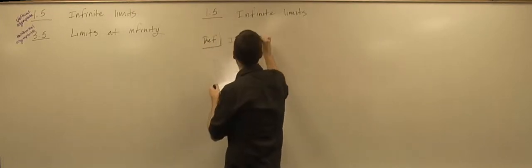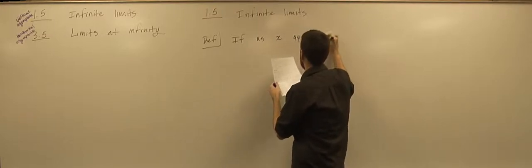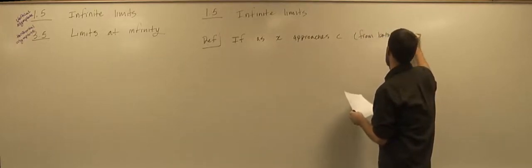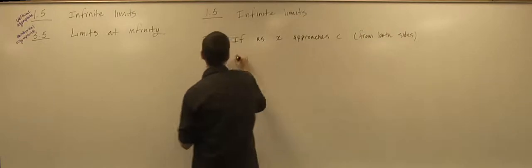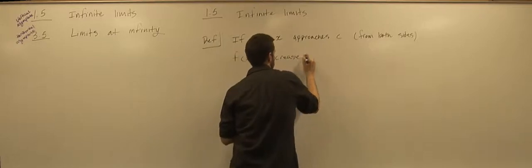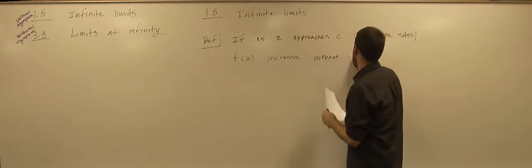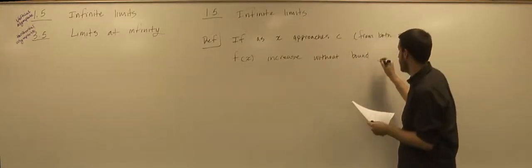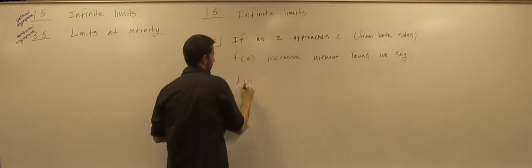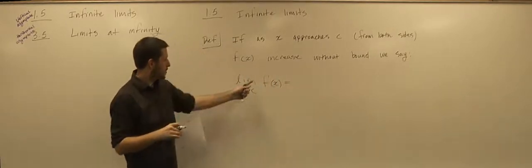So if, as x approaches c from both sides, f of x increases without bound, so your y values increase without stopping, we say the limit as x goes to c of f of x equals, so this is the usual limit notation.